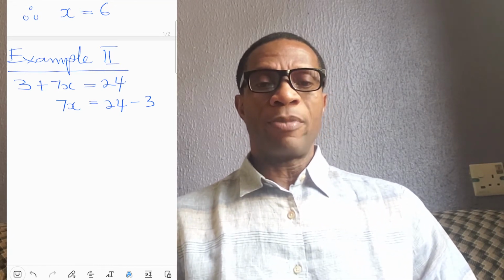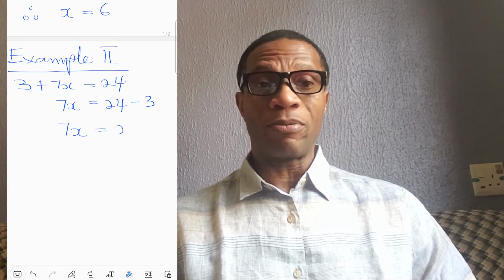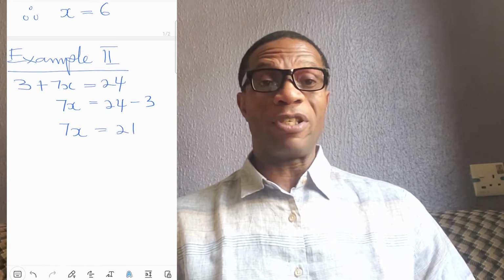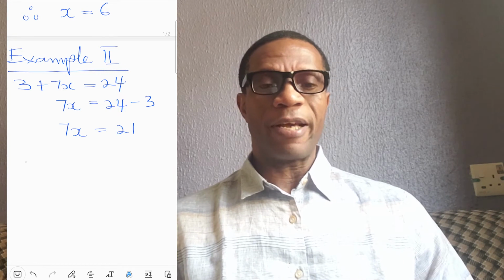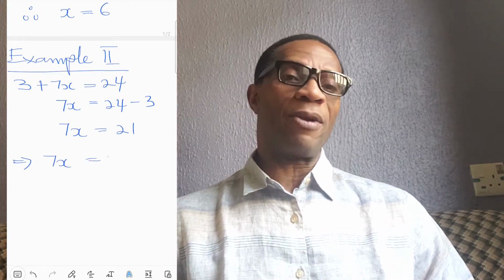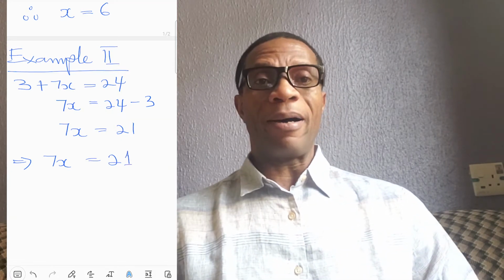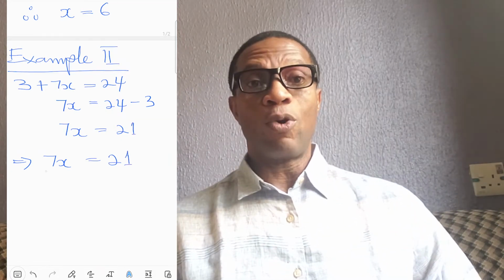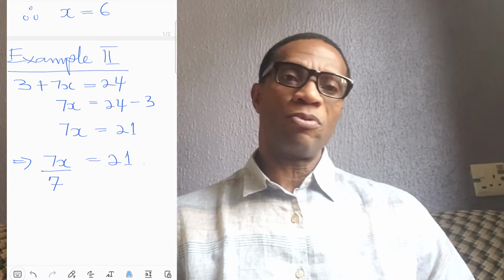The trick is that whatever item, a number or variable, goes over the sign of equality, the sign changes. If a number like 3 goes over the sign of equality to the other side, it becomes minus 3. A negative number that goes over the sign of equality to the other side becomes positive.